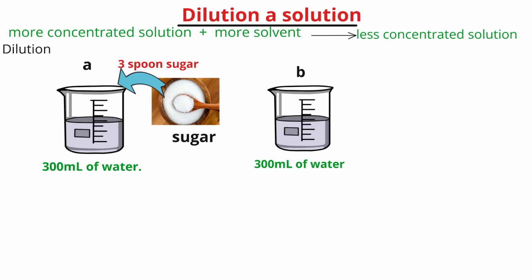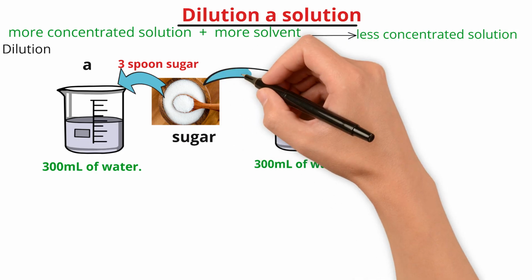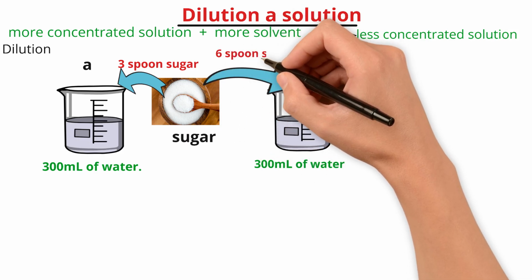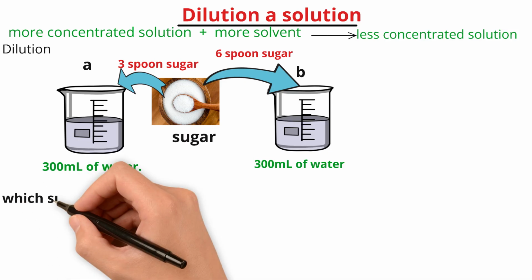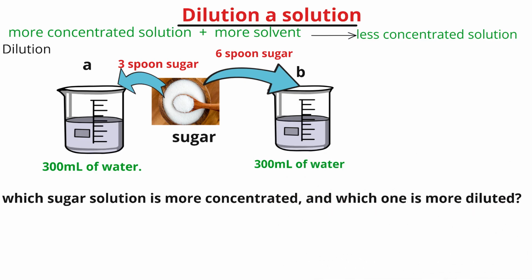That means in A we have 3 spoons of sugar in 300 ml of water. In B, let us add 6 spoons of sugar in 300 ml of water, and these 6 spoons of sugar dissolve in 300 ml of water, and finally it forms sugar solution. Now the question here is which sugar solution is more concentrated and which one is more diluted, A or B?